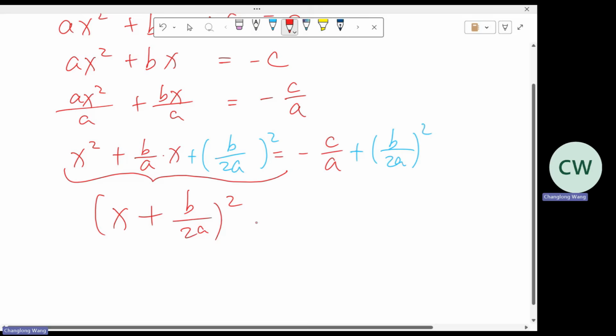Okay. Anyway, now the right-hand side looks a little bit scary, right? But I'm sure there's something you can do, at least that you can square both the numerator and denominator to get b squared over 4a squared, right?